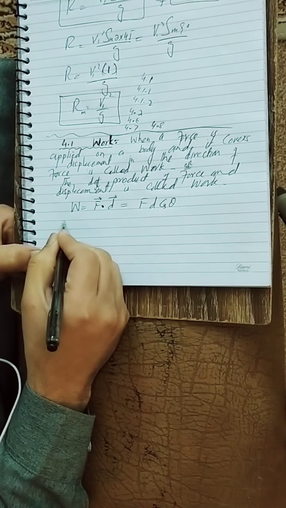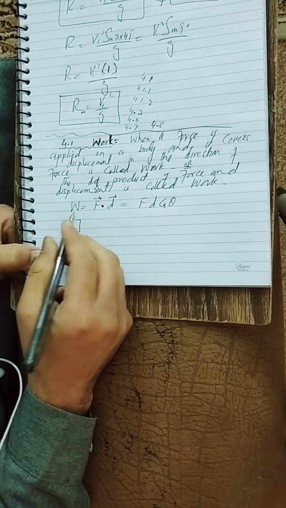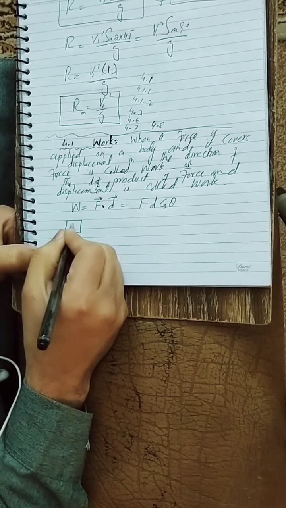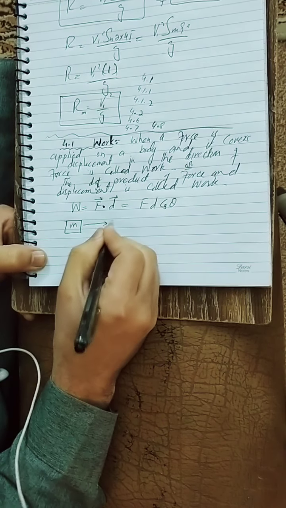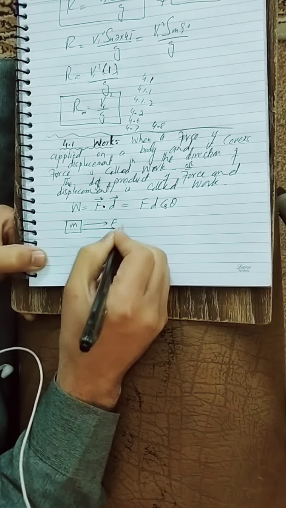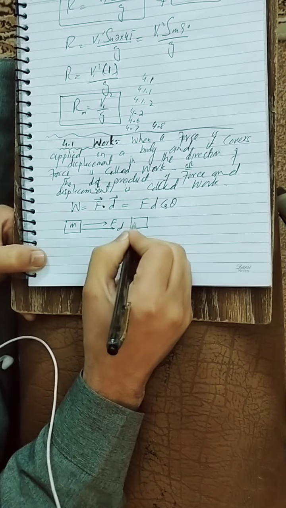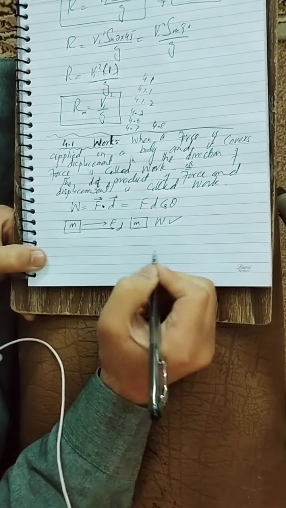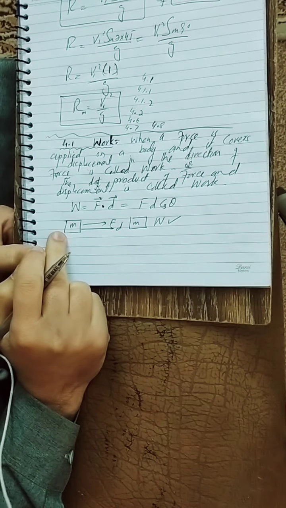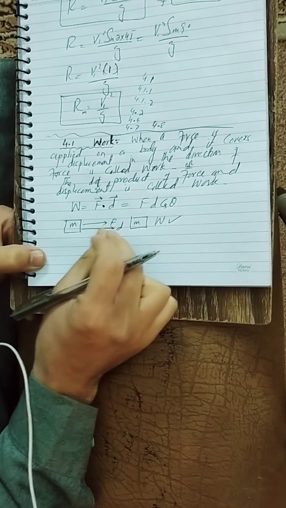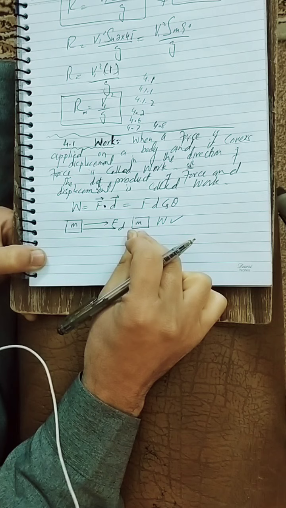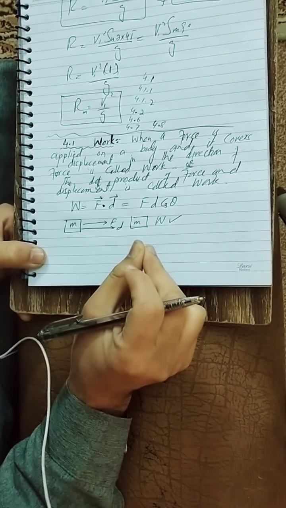Okay. Suppose we have a box, we have a mass M. If we apply a force on the body and it covers displacement, it means that we did some work on this block, on this mass. So if we apply the force, we will cover displacement in the direction of force, so that is called work is done.